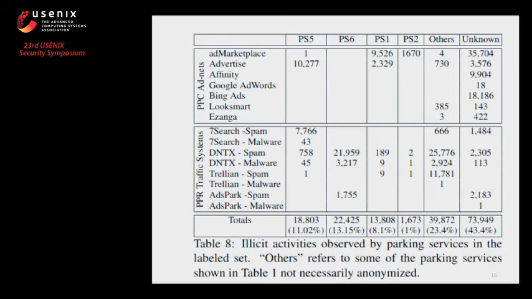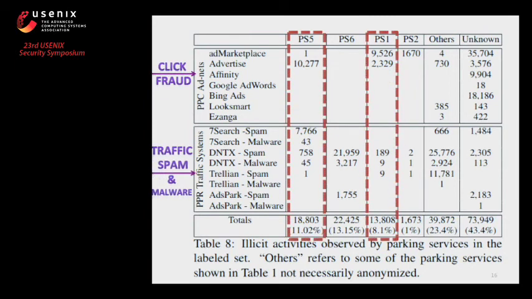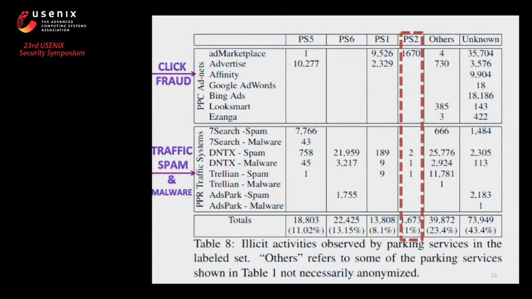This resulted in this data set. We find that there is click fraud and traffic spam. We find 2 parking services that are aggressively doing click fraud and traffic spam. By the way, we anonymized the names of the parking services here due to legal restrictions. Surprisingly, 1 parking service was not very aggressive in their fraudulent monetization.